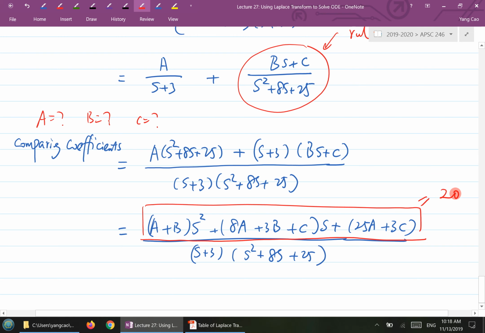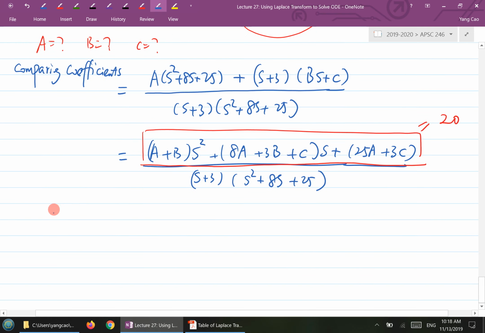So now you compare coefficients. What is the coefficient for s squared? a plus b. Is there any s squared on the other side? No, so 0. What's the coefficient for s? 8a plus 3b plus c. Any coefficient on the other side? No, so 0.